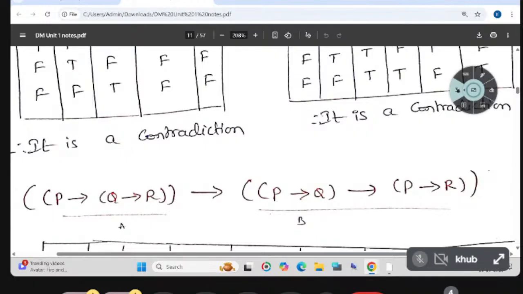So you have to draw the truth table with 9 columns.